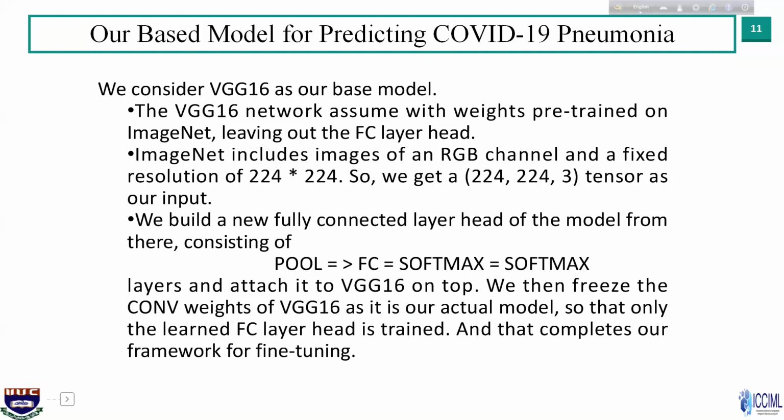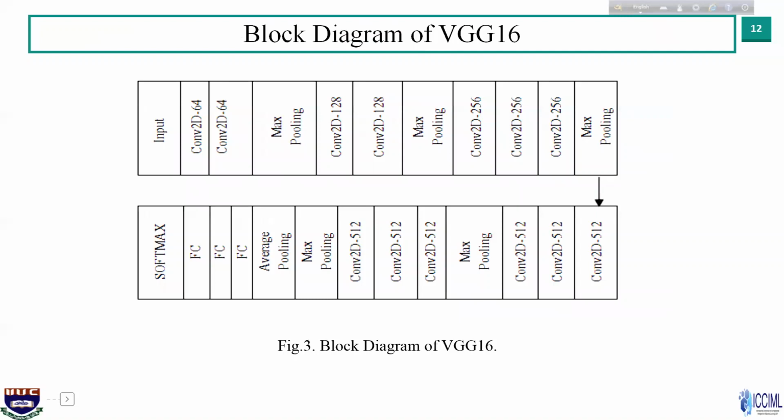Then we freeze the convolutional weights of VGG 16 as it is our actual model, so that only the fully connected layer head is trained, and that completes our framework for fine tuning. Here is a block diagram of VGG 16.